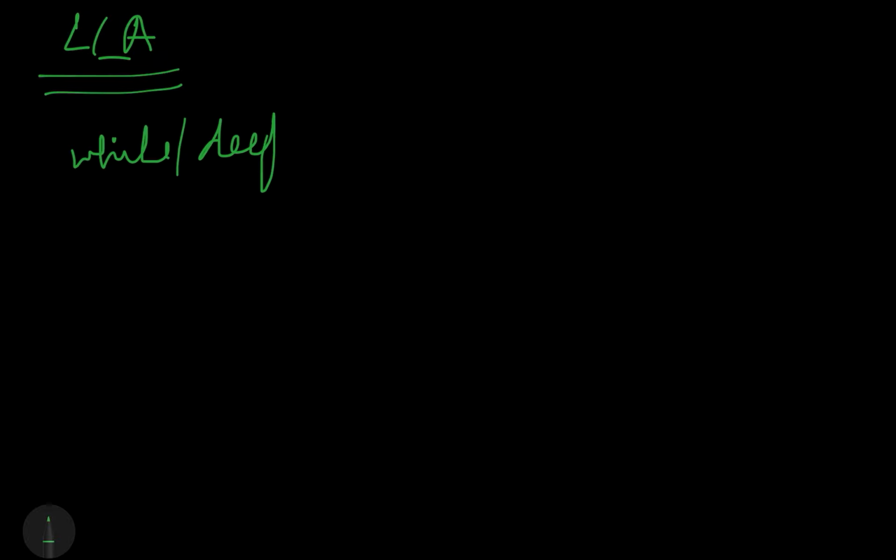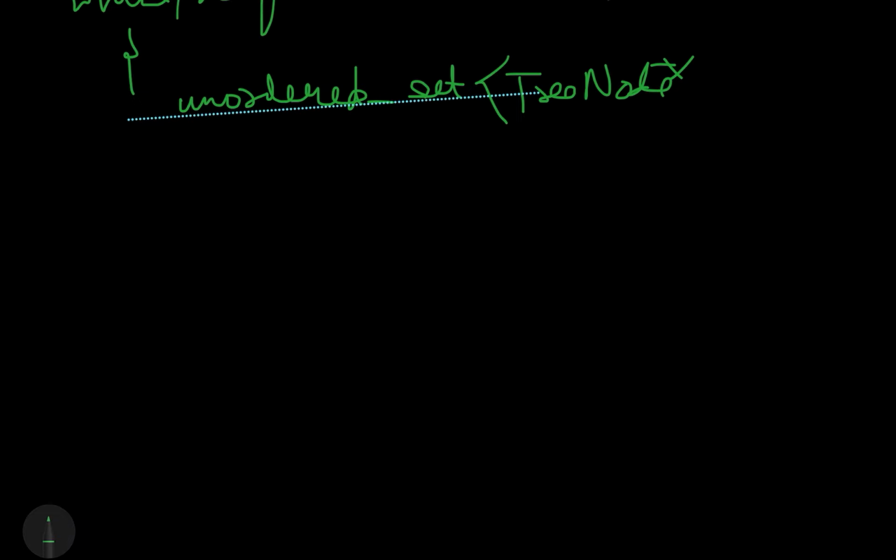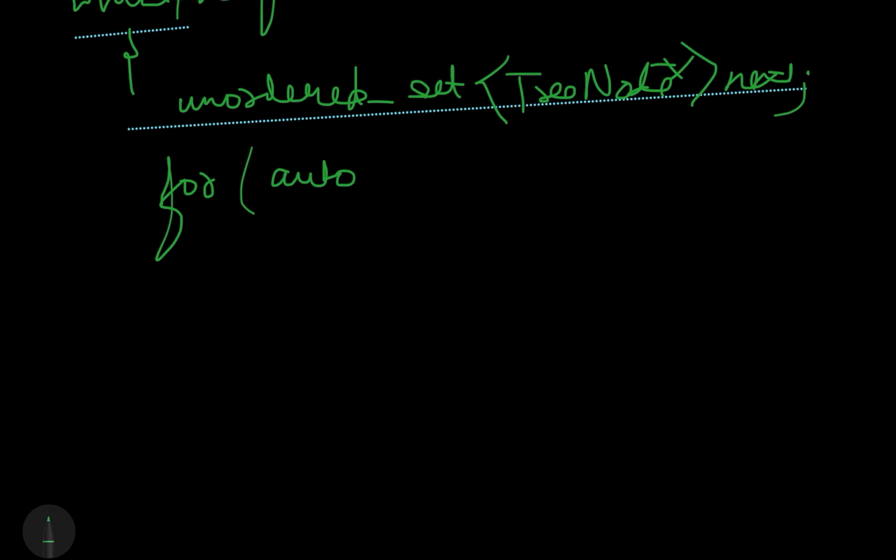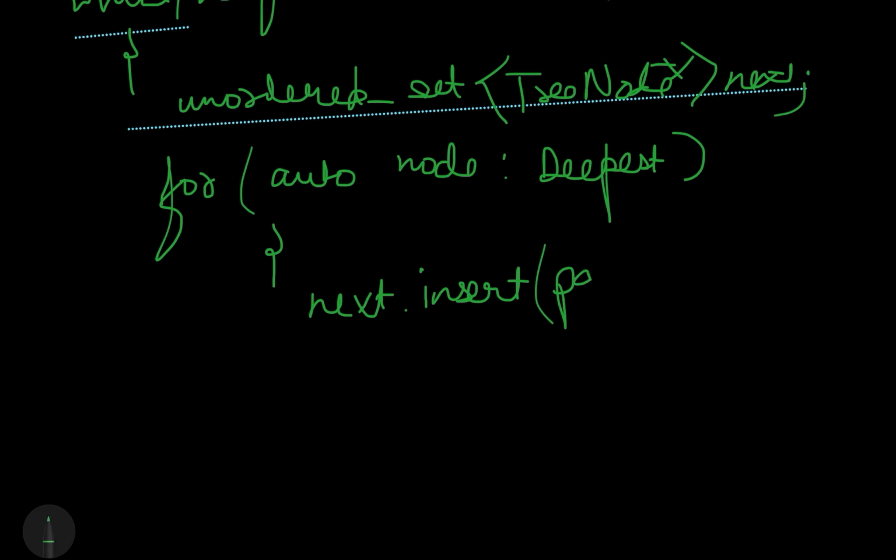While deepest size is greater than 1, we'll have another unordered set of tree node type, and for each auto node in deepest, we'll insert its parent node in this set.